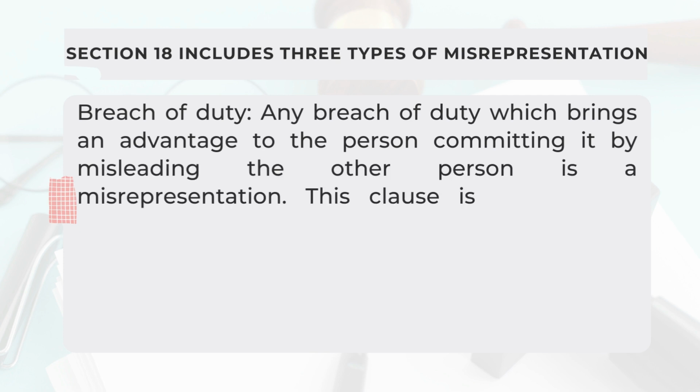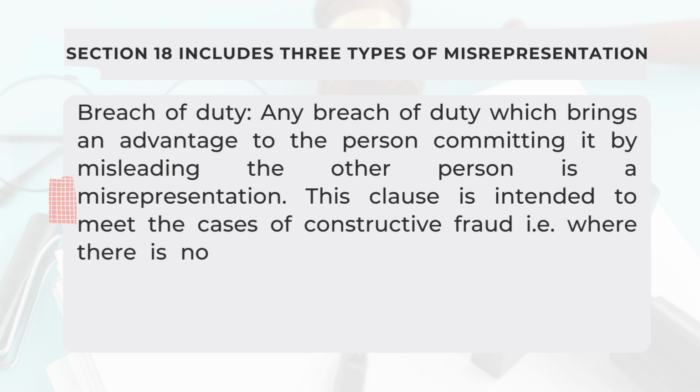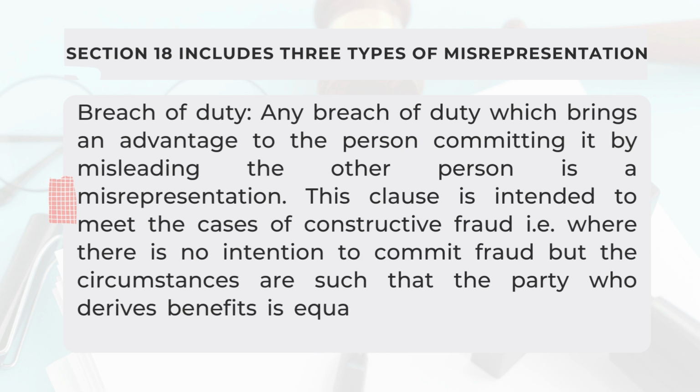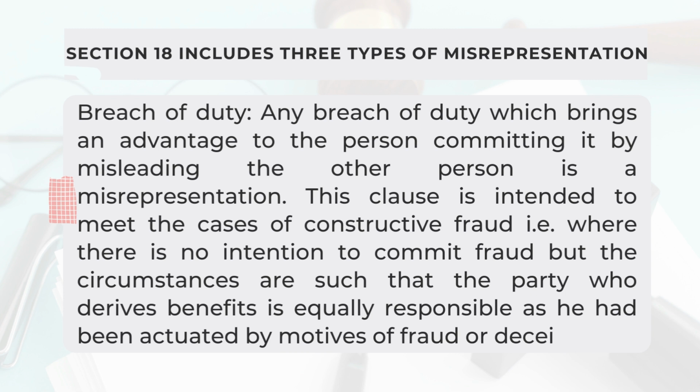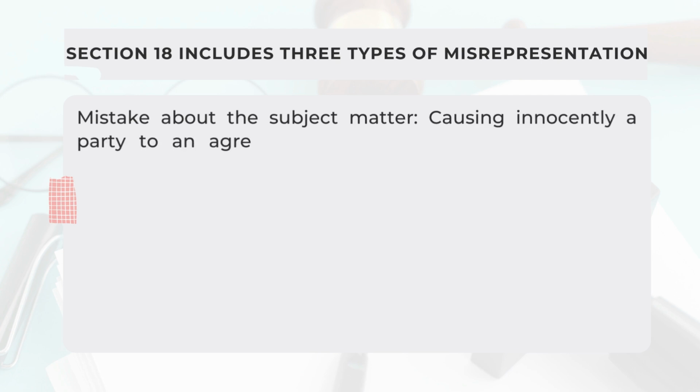This clause is intended to meet the cases of constructive fraud, where there is no intention to commit fraud, but circumstances are such that the party who derives benefit is equally responsible as if he had motivated someone to fraud or deceit or cheat. So breach of duty is when you are trying to take the benefit from that situation. Third is mistake about the subject matter.